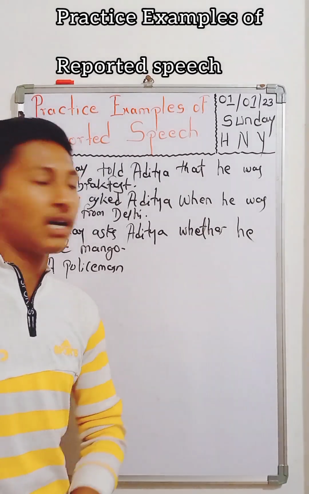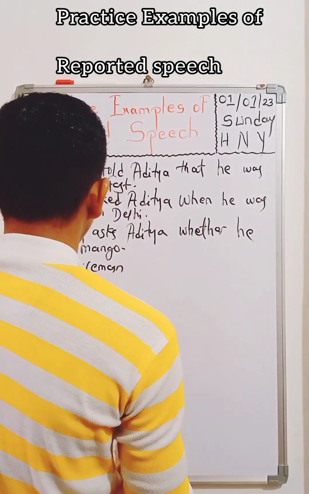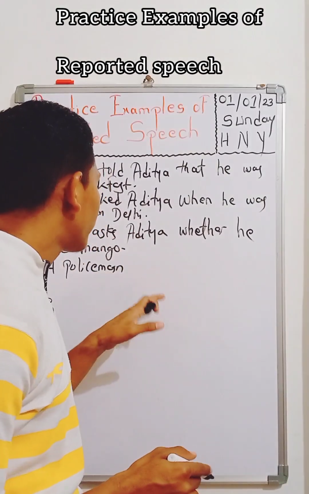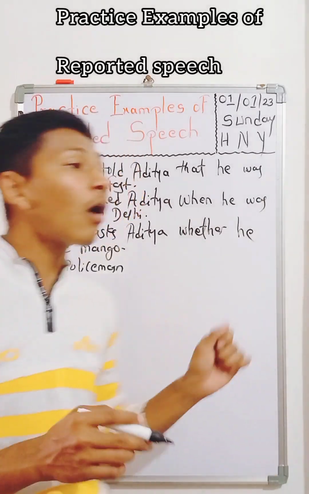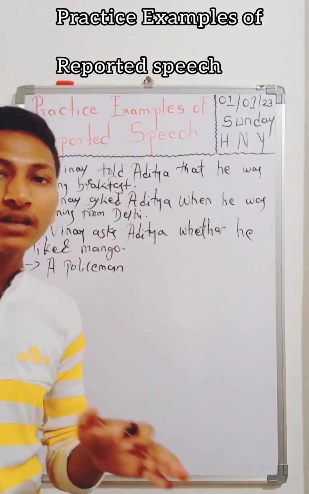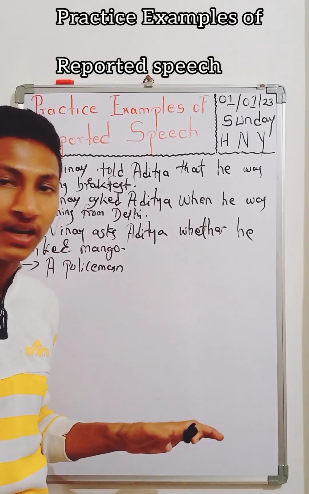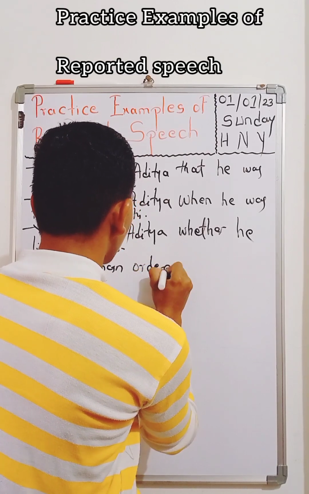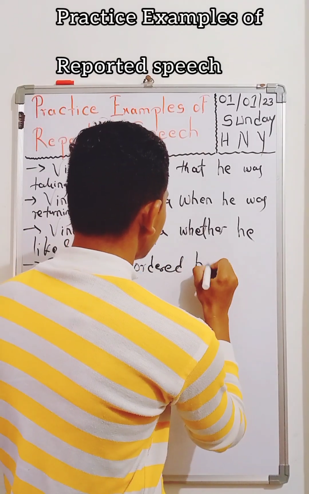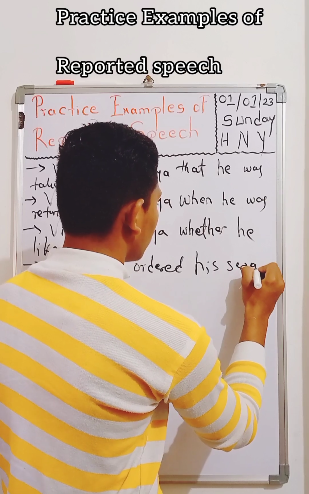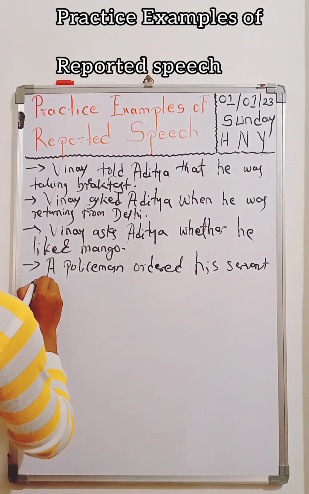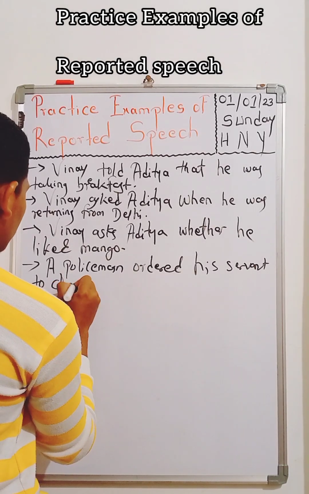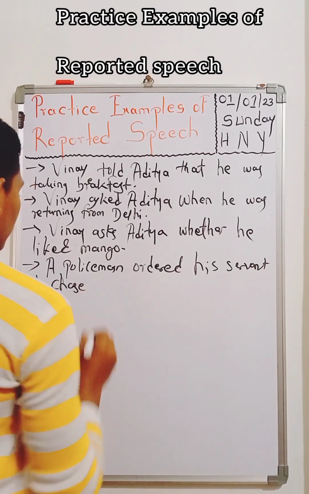The rule will be changed. How? A policeman. Here what I introduced, say to, will be changed into commanded, or you can take ordered instead of commanded as well. Okay, a policeman ordered his servant to chase this car.